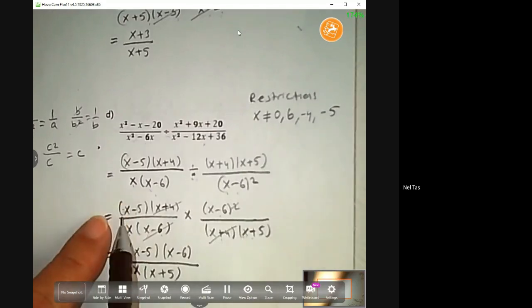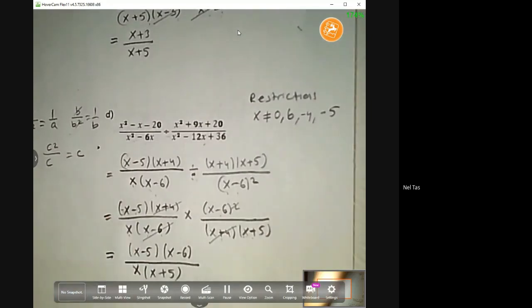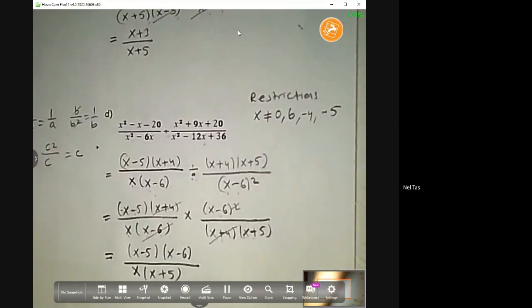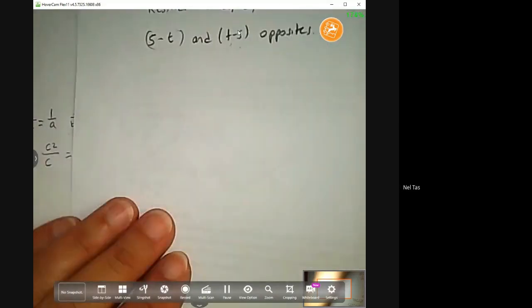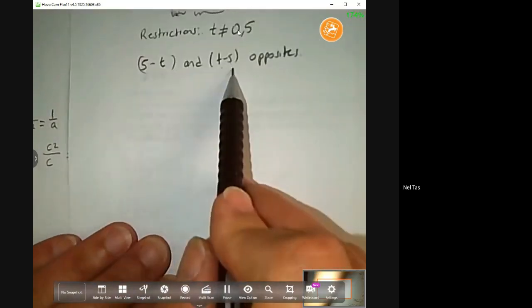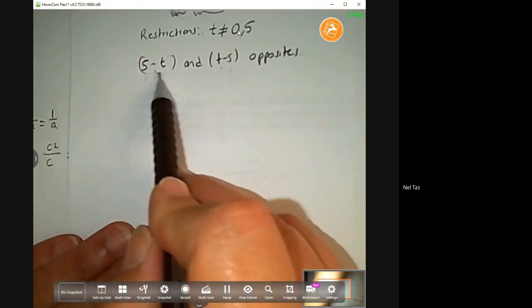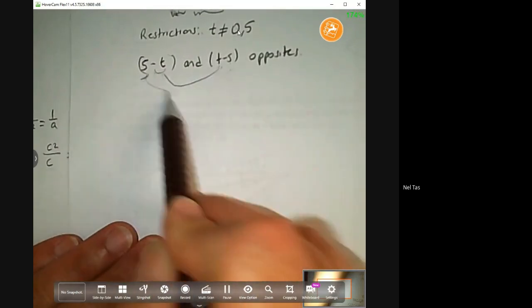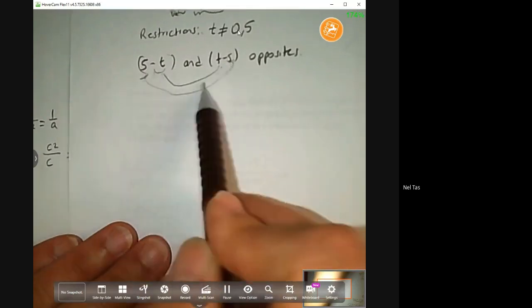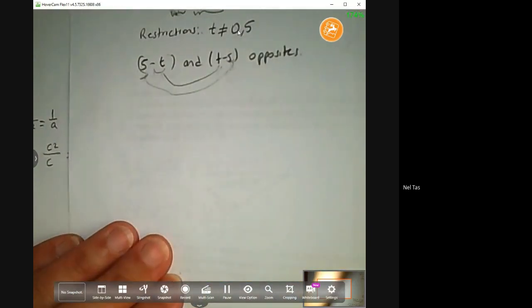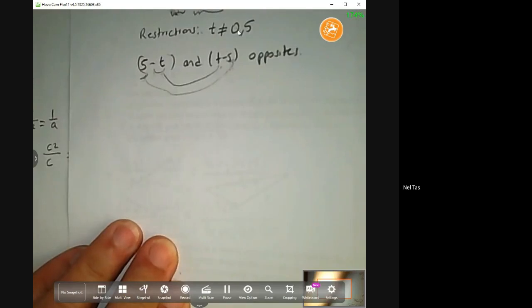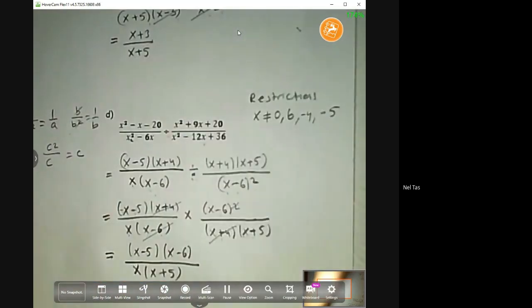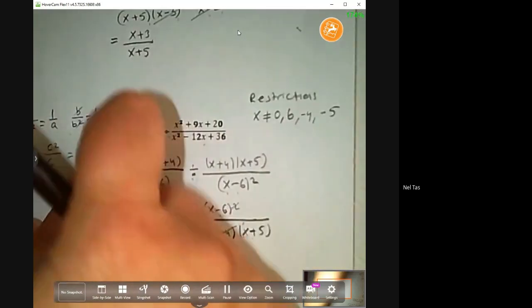If it was negative x, negative 5, then they would be opposites. We looked at this example before. Say 5 minus t and t minus 5 are opposites, but see, this was negative t, positive t, positive 5, negative 5. If both of them switch sign, then they're opposites. So that was positive x.